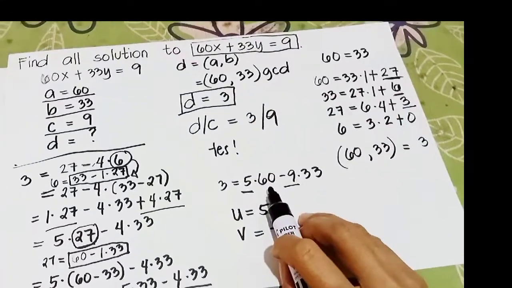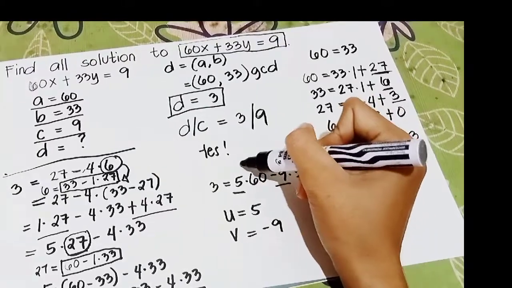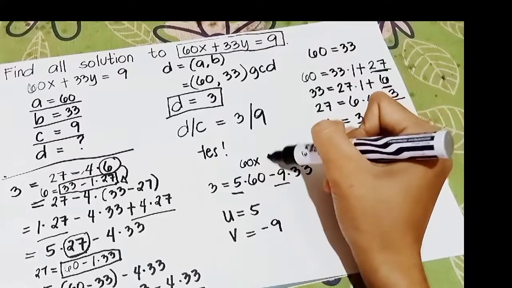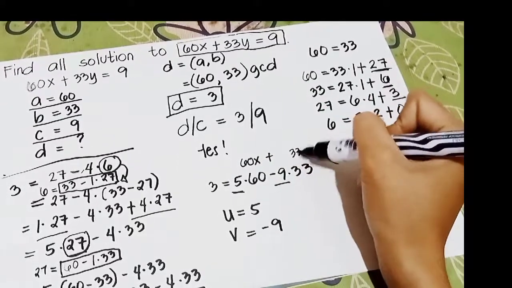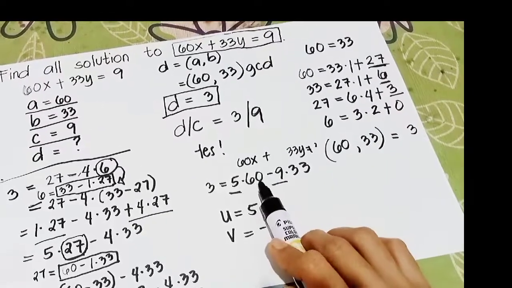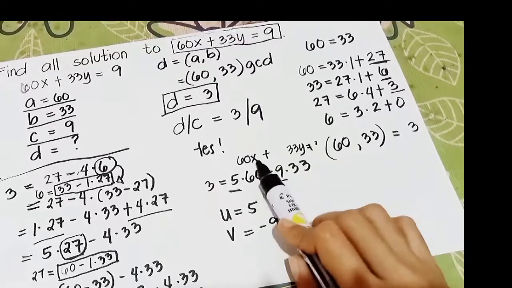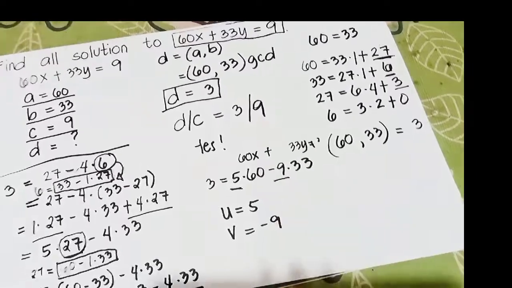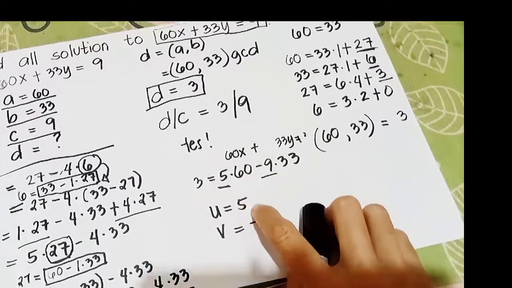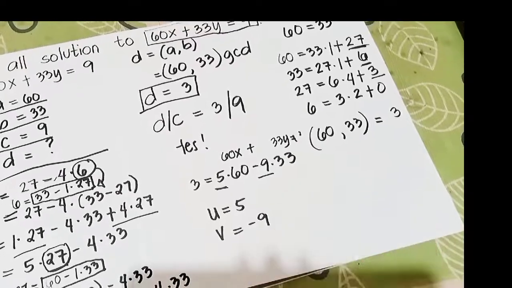From the reverse steps, we have 60x plus 33y, so we will use u equals 5 and v equals negative 9.